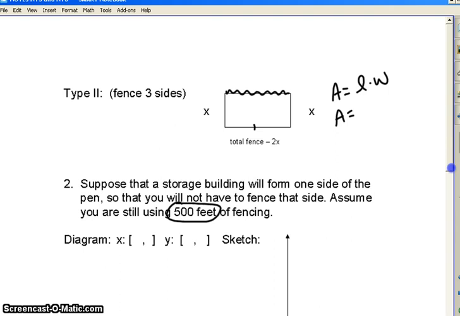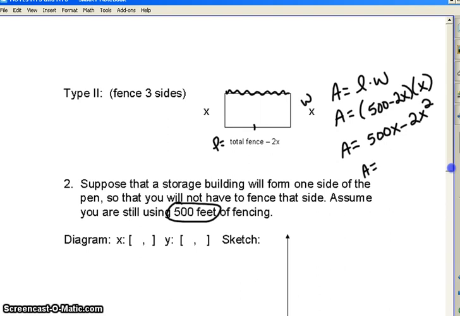And the length is represented by the total fencing, which is 500, minus 2x, times the width, which is x. So if we put that together, we have 500x minus 2x squared. And we'll write it like this, negative 2x squared plus 500x. Just rearrange it a little bit. Okay, that way we can tell what A, B, and C are.